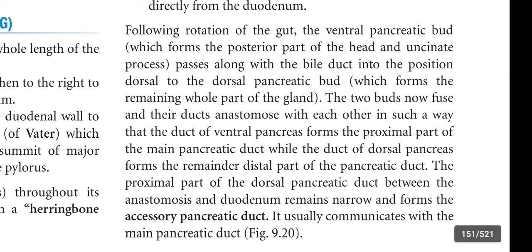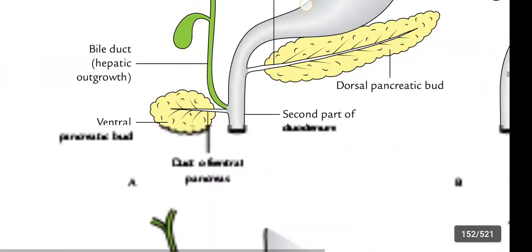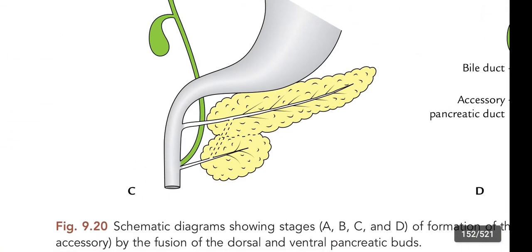The two buds now fuse and both ducts anastomose with each other in such a way that the duct of ventral pancreas forms the proximal part of the main pancreatic duct. See this, guys.